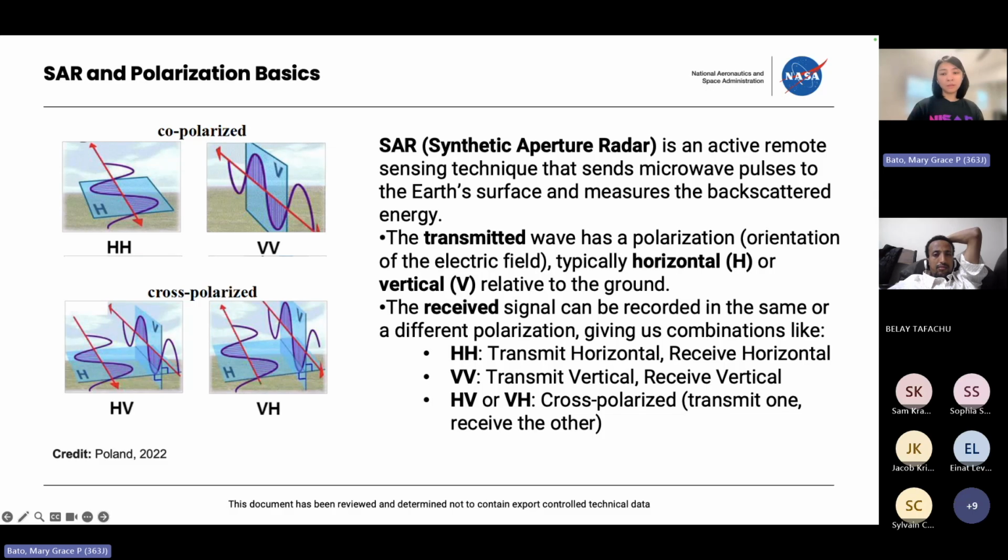small system. In this slide, I'm showing that radar can be emitted and received in different horizontal and vertical directions. So you can have different polarization combinations such as HH, HV, VV, and VH.